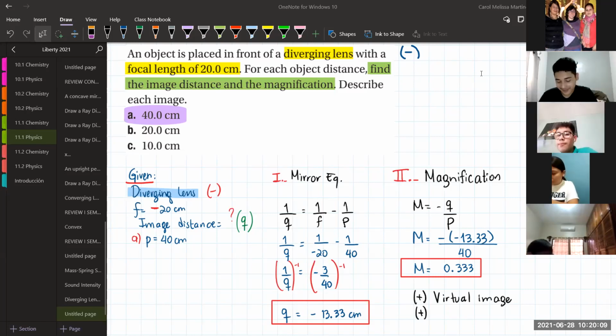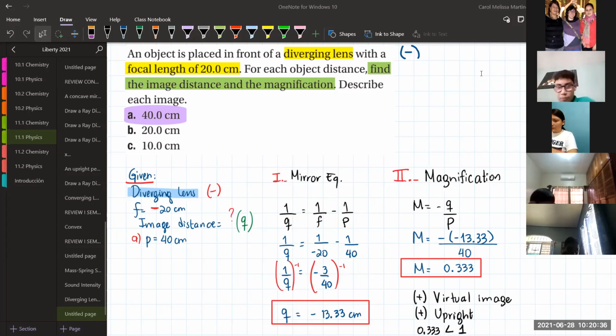Upright, upright image, and 0.33 is less than 1. The image is going to be larger or smaller? Smaller. Smaller than the real object.